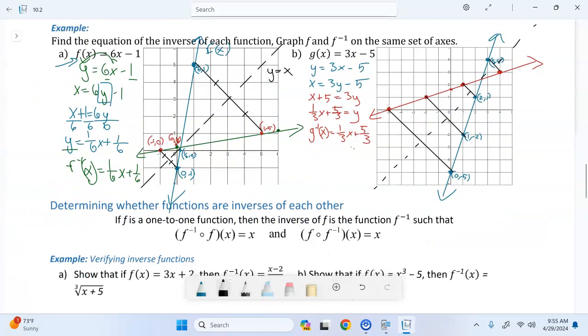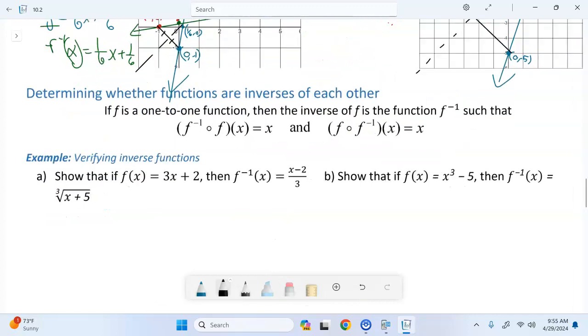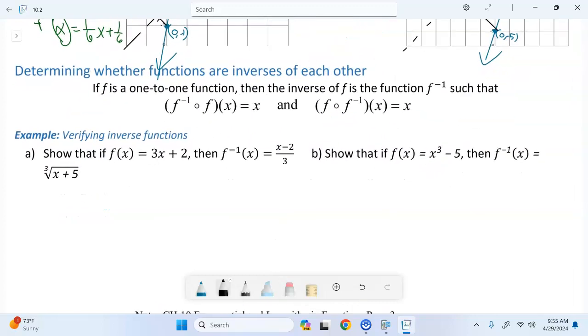Last thing I want to talk about is mathematically verifying whether two functions are inverses of each other. Because of that symmetry with the line y equals x, that's actually a side effect of composition.